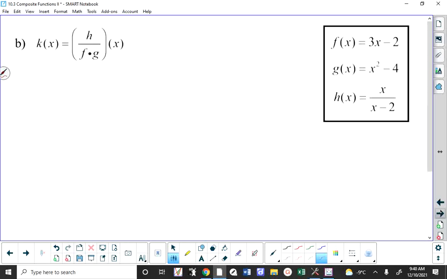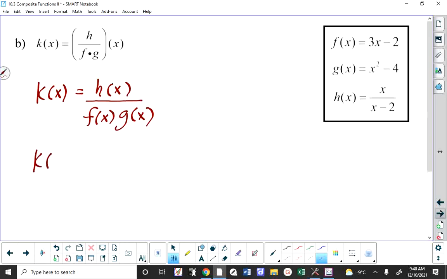Well, that means h of x over the product of f of x and g of x. And you don't need to put a multiplication sign between f and g. So let's just load the functions in. And again, we're going to be dealing here with a rational expression of some kind.